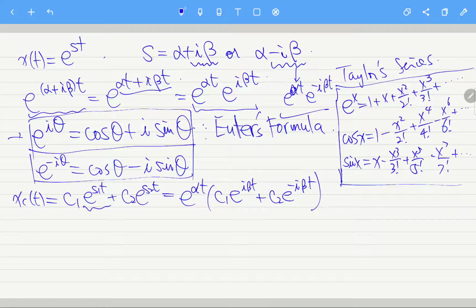Now we can substitute this one to here and then this one to here.